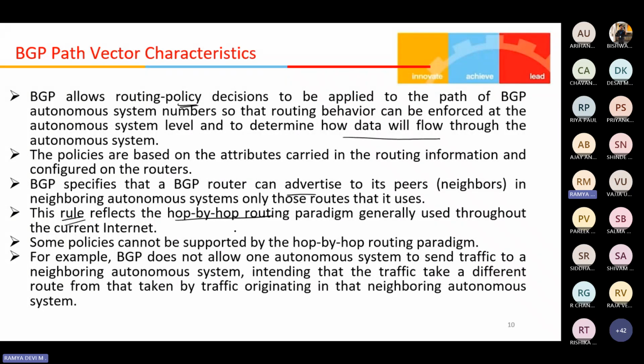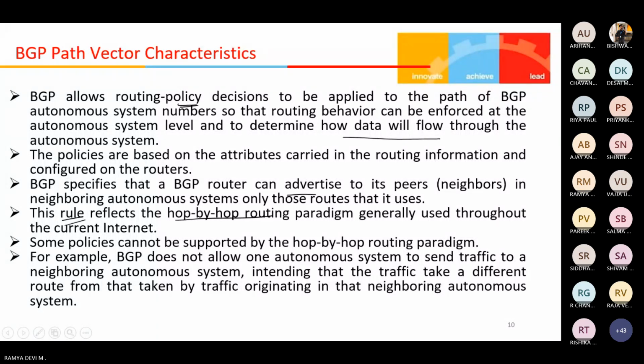The neighbors will apply their own policies, ignoring such requests. So the BGP policy will reflect the commercial relationship, preferring customer routes over peer routes. So it will provide security, and traffic engineering can be administered in a proper way.